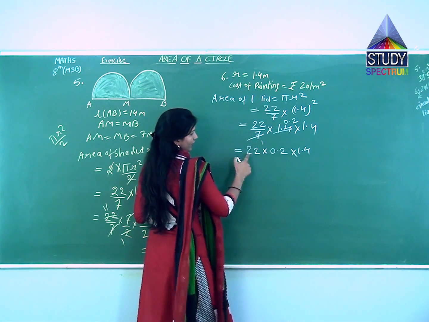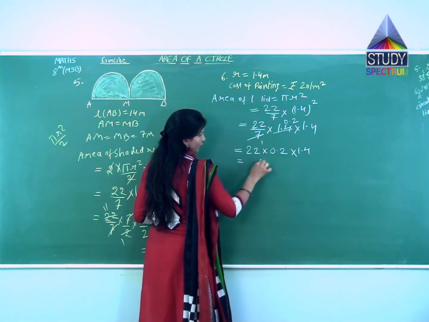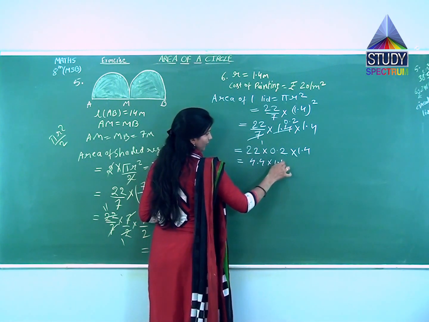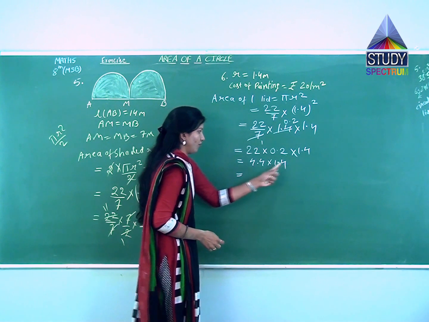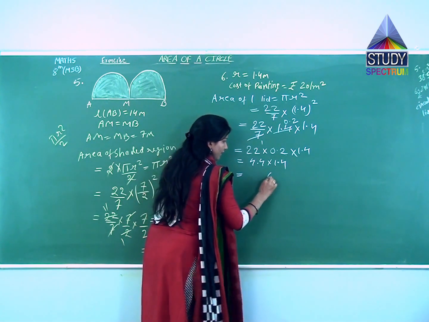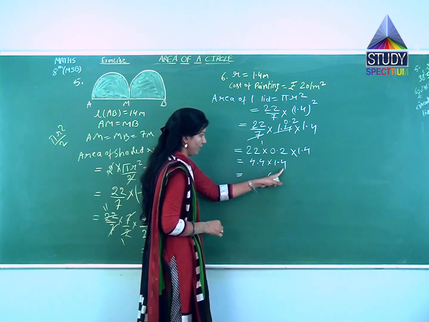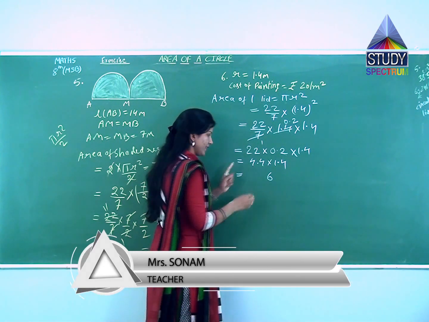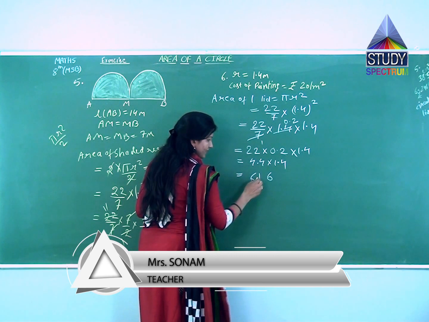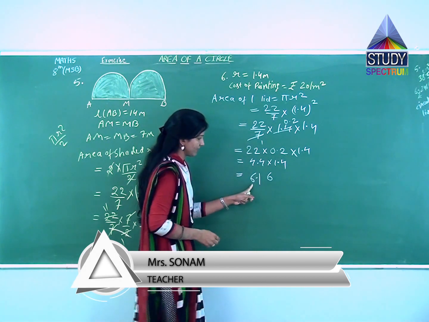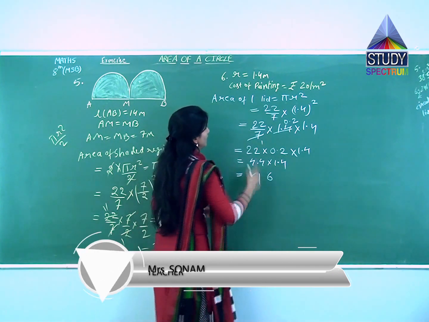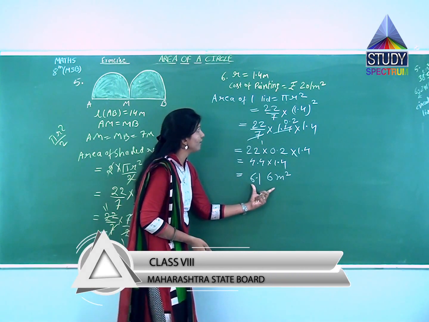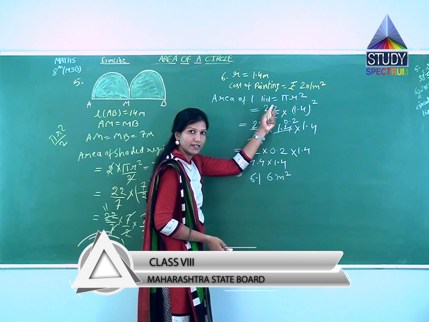Now 22 into 0.2, 2 2s are 4, 2 2s are 4. It is 4.4 into 1.4. Now 14 4s are 56, 5 carries. 14 4s are 56, 56 plus 5, 61. And the decimal will be here. It is 6.16 meter square. This is the area of one lid.